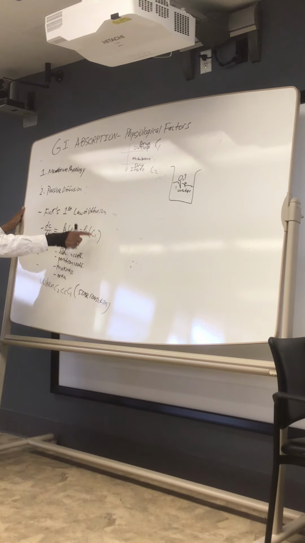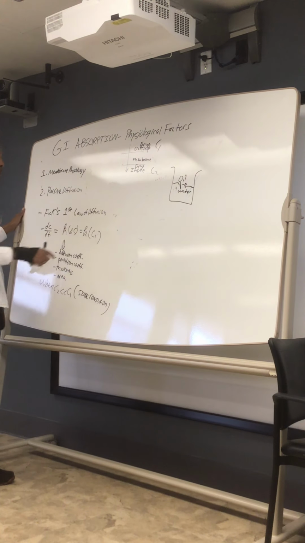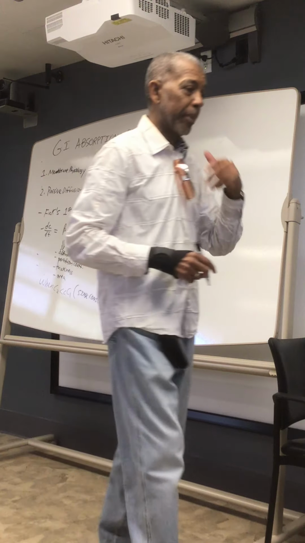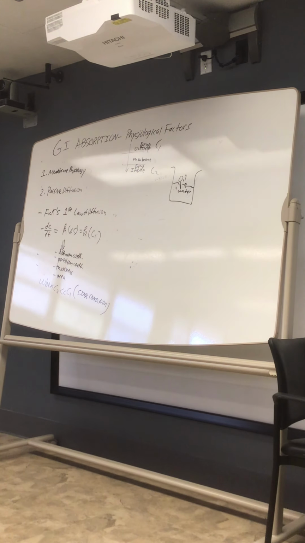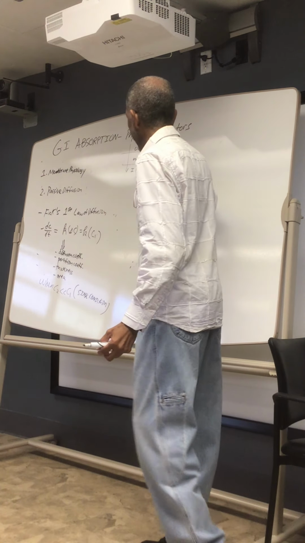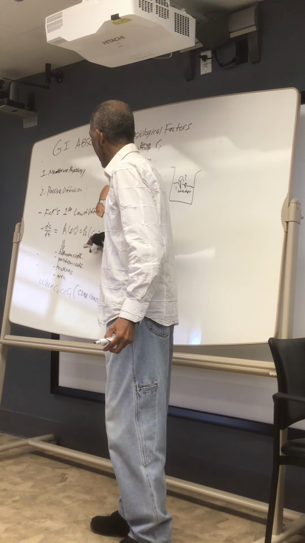And again, C1 is just the concentration on the outside of the membrane. Is C1 constant or is C1 changing? I'm seeing another multiple choice question. According to Fick's first law of diffusion, is C1 constant or is it changing? It's changing, so I don't want you to see that as a constant. What about K?